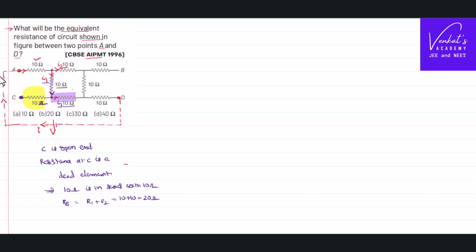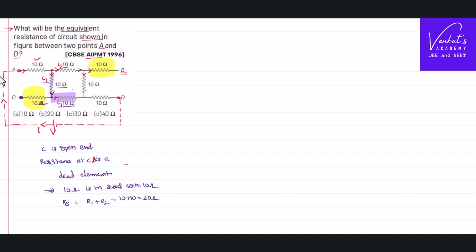Now, let us have a look at this I2. Again I2, after coming to this place, has to split between these two. Again the same story: B is an open end, it is a dead element. It is not only C, B is also a dead element, no current flows. Therefore, though this is physically there, it is not going to contribute any current or resistance to the circuit.